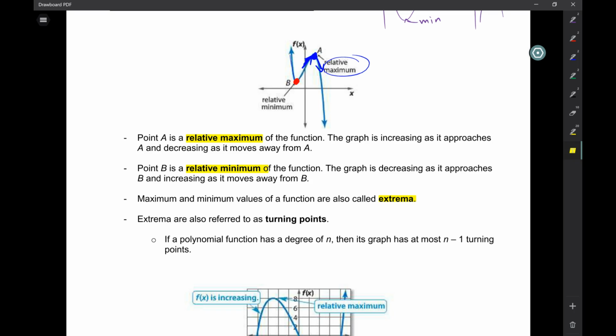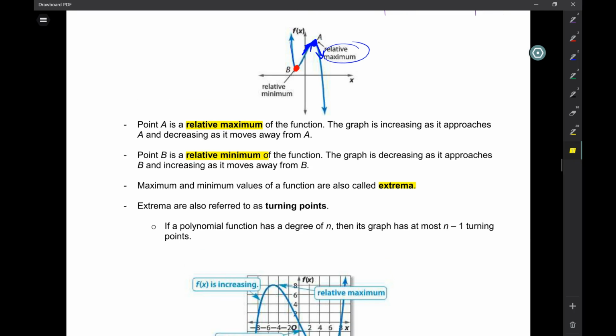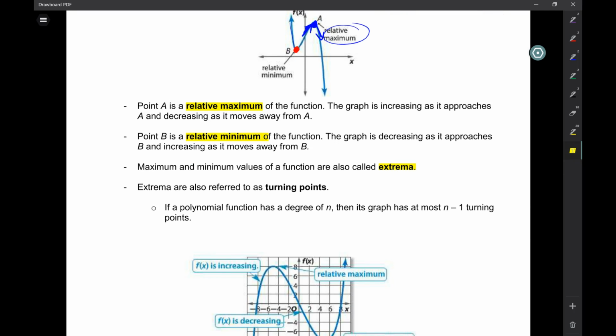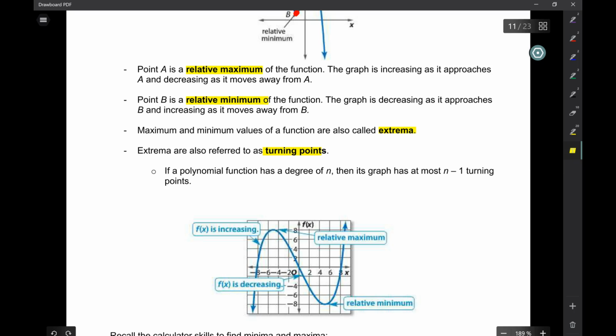It went from increasing to decreasing, from decreasing to increasing. So mathematicians are so clever and so original when they're naming things. The points where the function turns are called turning points as well. So, extrema, turning points, or minimum or maximum.